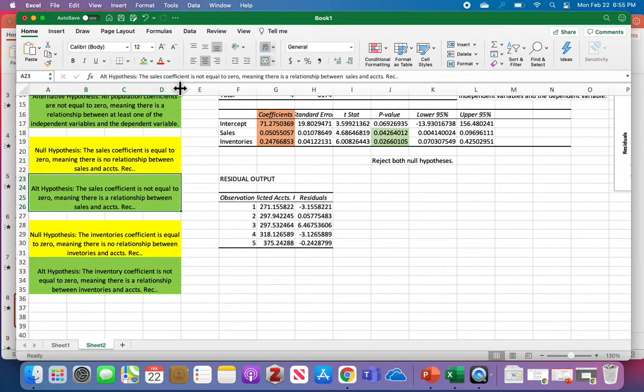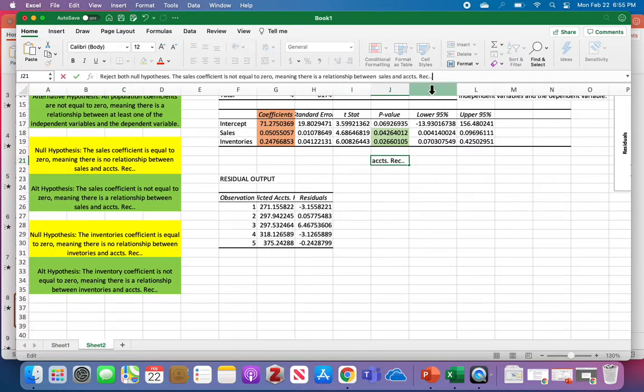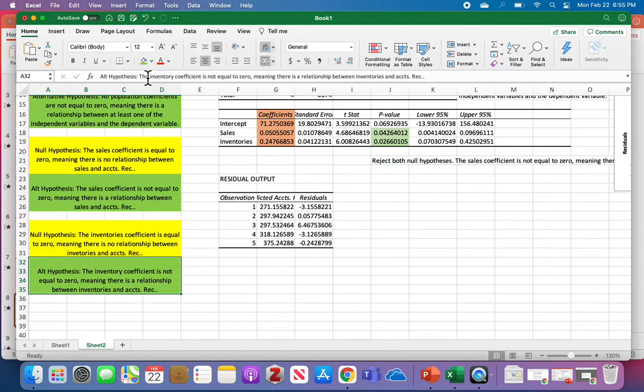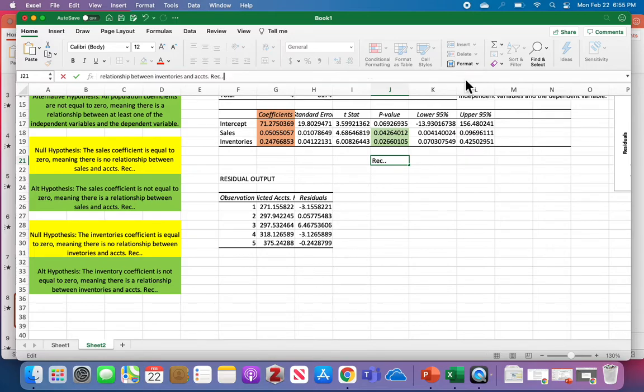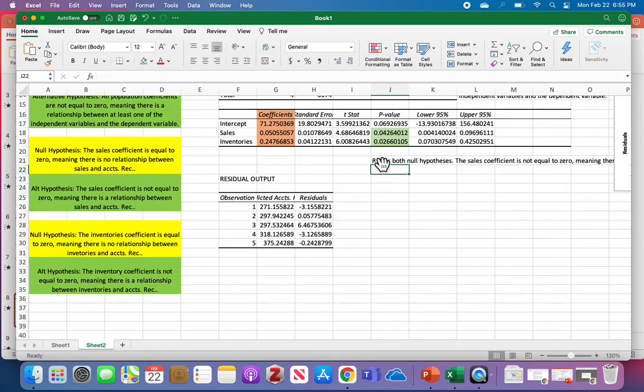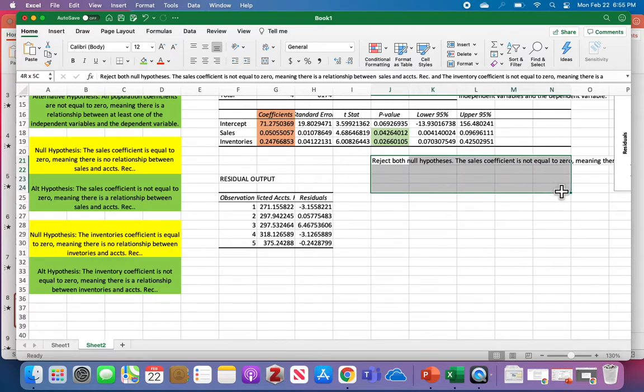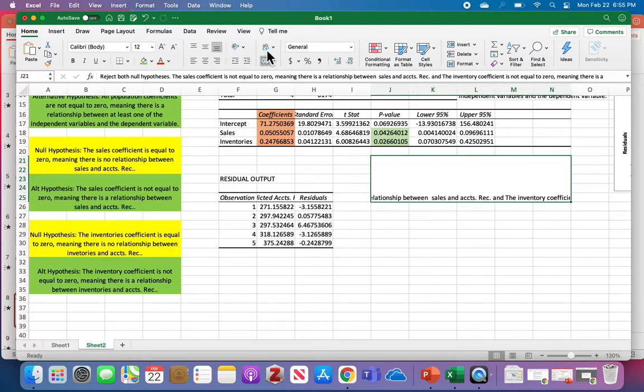Hypotheses, the sales coefficient, we'll just type all that in, is not equal to 0, so there is that relationship, and the same for inventories. And then we will make this look a little nicer so you guys can actually read it.